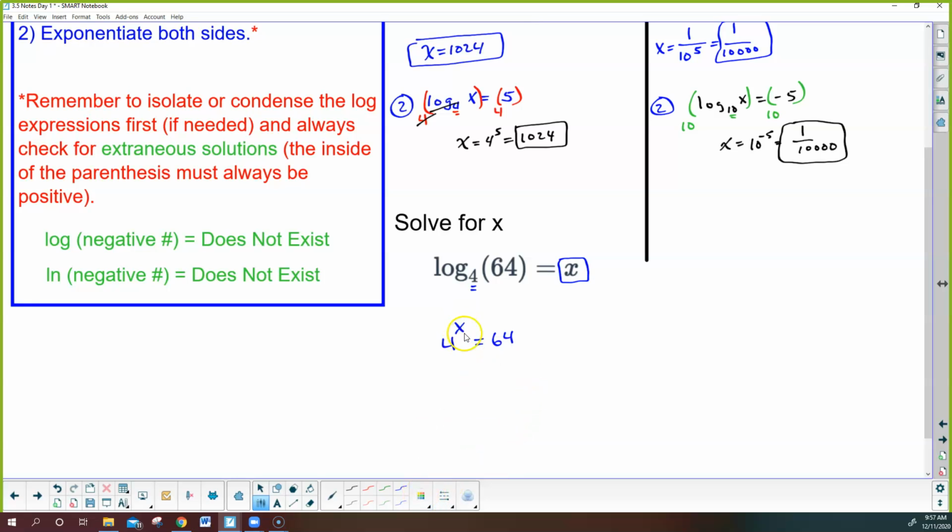Now I have to figure out what x is, 4 to what power gives me 64. What we could do is break 64 down. Another way of writing 64 is 4 to the third power. Then anytime you have the same base and they're equal, the bases basically go away, and you're left with x equals 3.